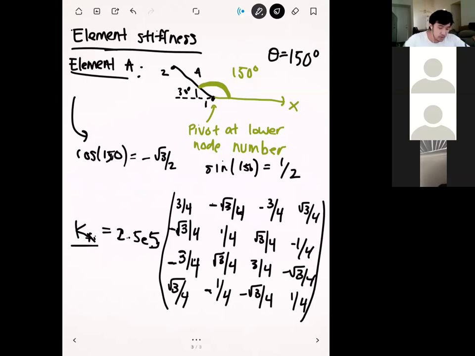Yeah, sure. So, these numbers, remember, this was based on the element stiffness matrix that we had before. So a lot of these numbers, like I know this guy right here is cosine squared, right? And so you would take whatever you got for cosine of the angle, and then you would just square it. And so minus root 3 over 2 squared would be 3/4. And then this guy right here is, I think, a cosine times a sine, right?